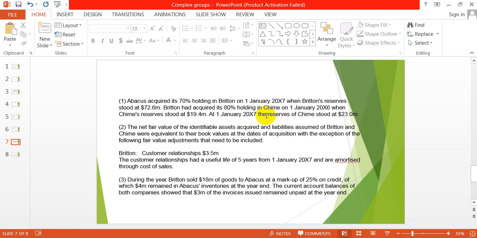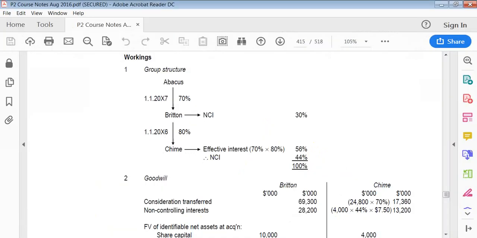It's on this date that it effectively controls C. So we need to determine the effective control, which will be 70% times 80%. Therefore, the effective interest in C will be 70% times 80%, which is 56%. The NCI will therefore be 44%.